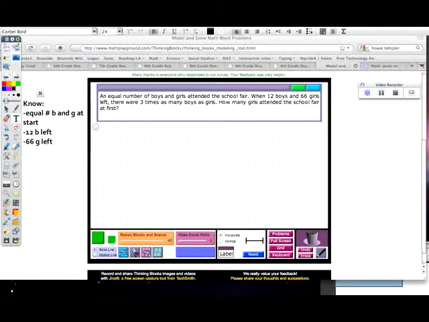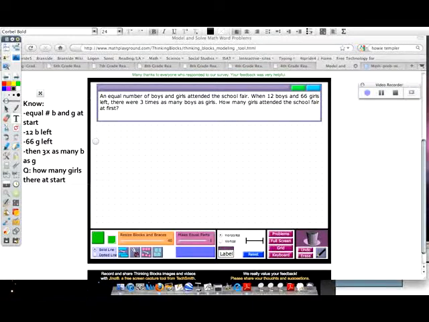When that all happened, there were 3 times as many boys as girls. Times as many B as G. The question is how many girls attended it at first. Well, if there's an equal number of boys and girls at the start, then the number of girls at the start will be the same as the number of boys.